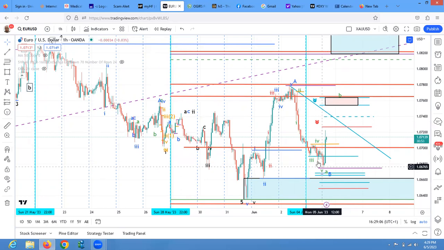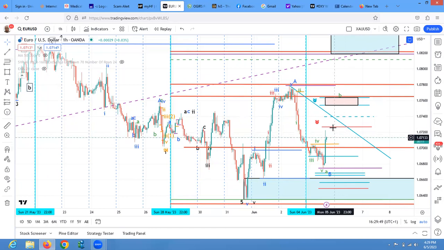Because if this is an A of a B on the larger 1 hour time frame, the B of a B should give me like a 3-wave. So in the B of a B giving a 3-wave format, this could actually go up here, another one coming down here to do another leg to the upside of that B. And after that, that might finish.